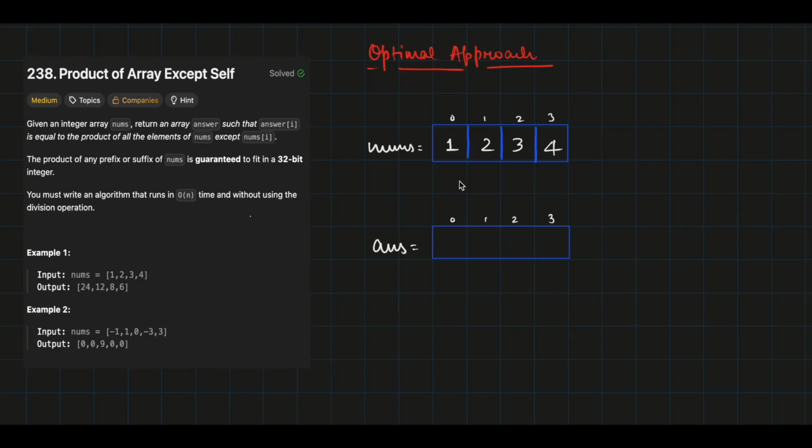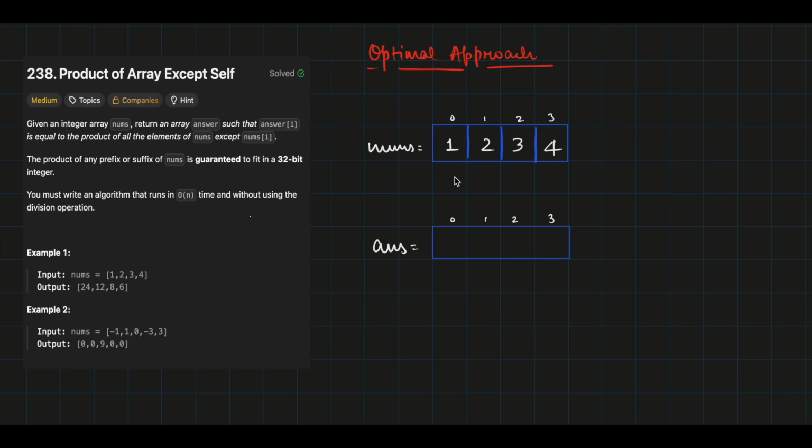So how do we optimize this further? Instead of the prefix and suffix arrays altogether, we can directly store all the values into the answer. So how are we going to do that? First, let us store the prefix values into the answer.